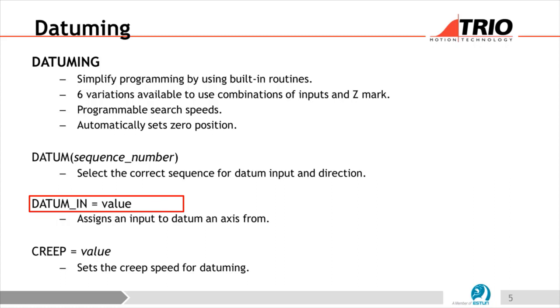If you turn on input 0, for example, that datums the axis. And creep sets the creep speed for the datuming. Once you reach the home switch or the datum position, it will have a certain speed to stop there.